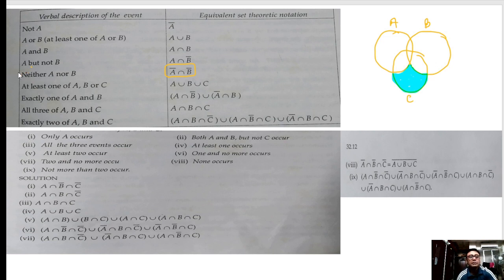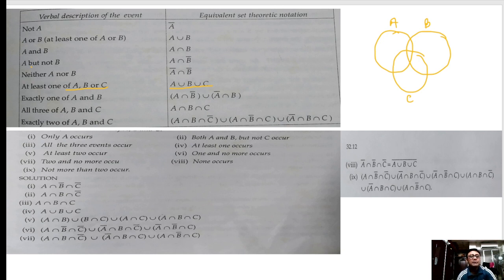Next, the next part says at least one of A, B or C. That means at least you should have A or B or C, or both A and B, B and C, or A, B and C. That means A union B union C. Either A can come or B or C, or A and B can come, or B and C can come, or all the three can come.